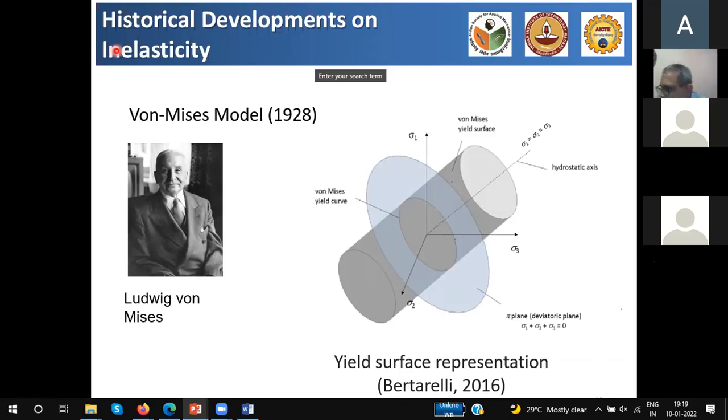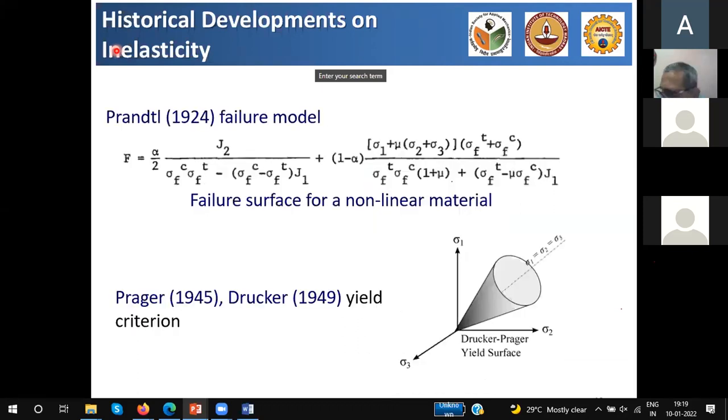1928. So we have jumped from 1864 to 1928. That's more than 50, 60 years of development in plasticity. Then there was a concept of bringing in the influence of the mean stress in the evolution of the yield surface.